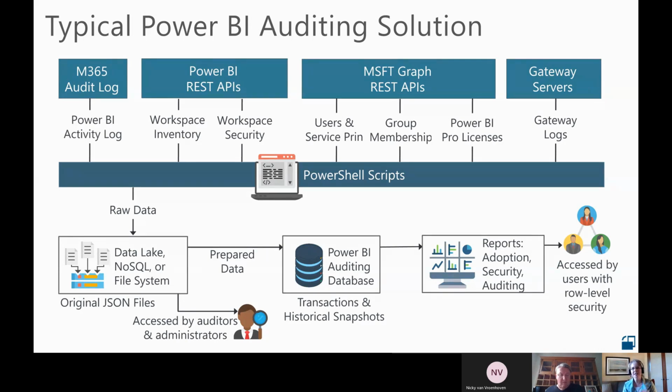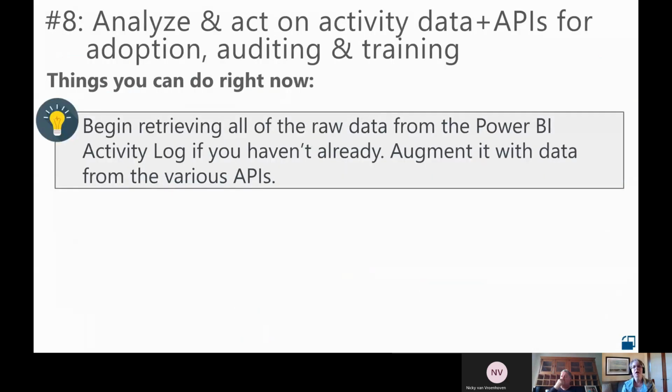The activity log data can be a little wonky sometimes, so that gives us a place to handle all of that in a stronger way than I feel comfortable with taking it directly to Power BI, right? So we have this end-to-end solution where we can basically do BI on BI.